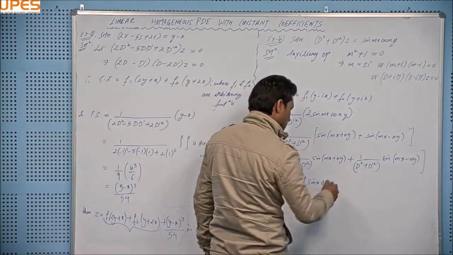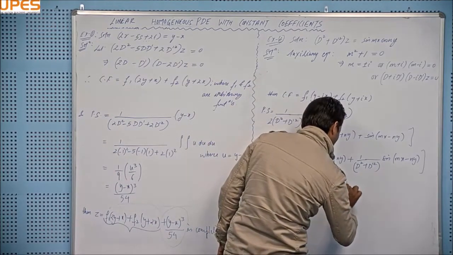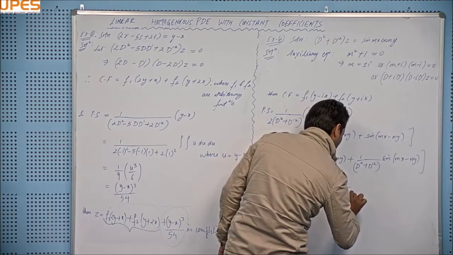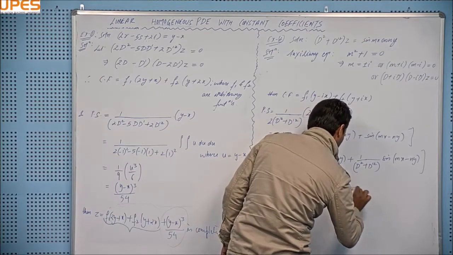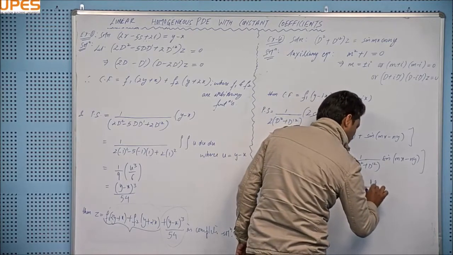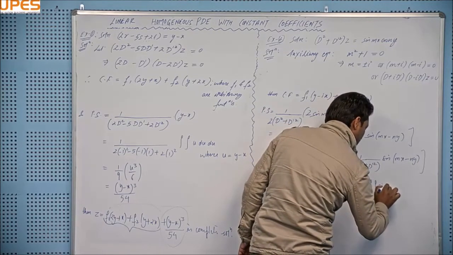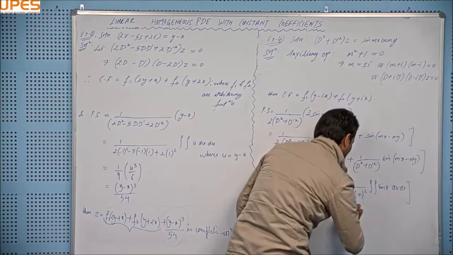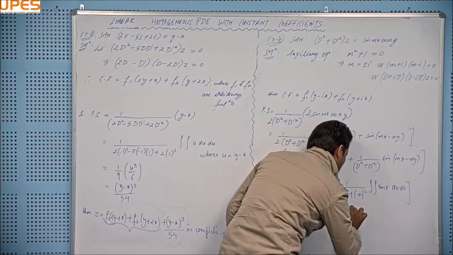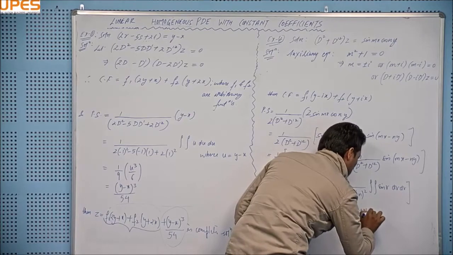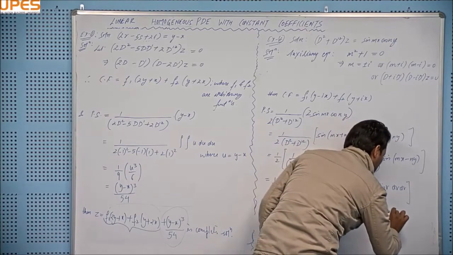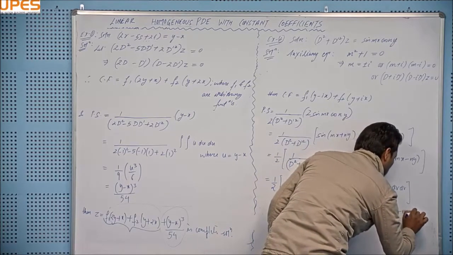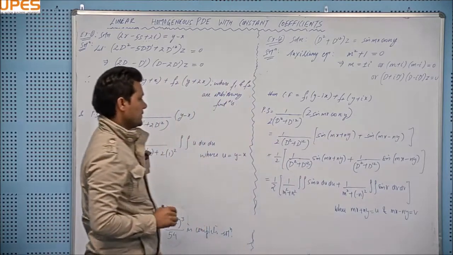I will mention that here, plus 1 upon m square plus n square. Okay, integrating it twice, sin v dv, where I have to mention that mx plus ny is equal to small u and mx minus ny is equal to small v, right?